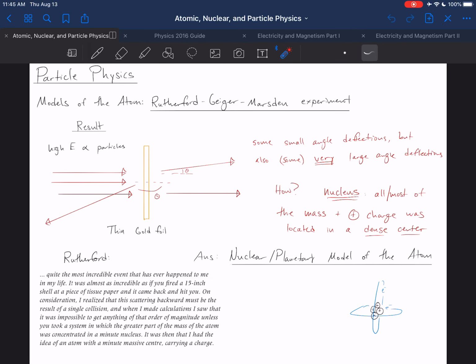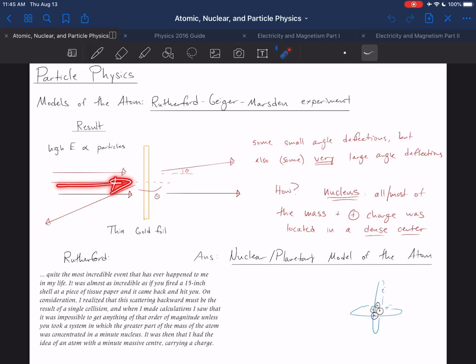Now, the actual result of this experiment did involve both of the things that we just described. Some of those high-energy alpha particles did make it all the way through, and there were some small deflections, for sure. But there were also some, not huge numbers, but significant, very, very large angle deflections.